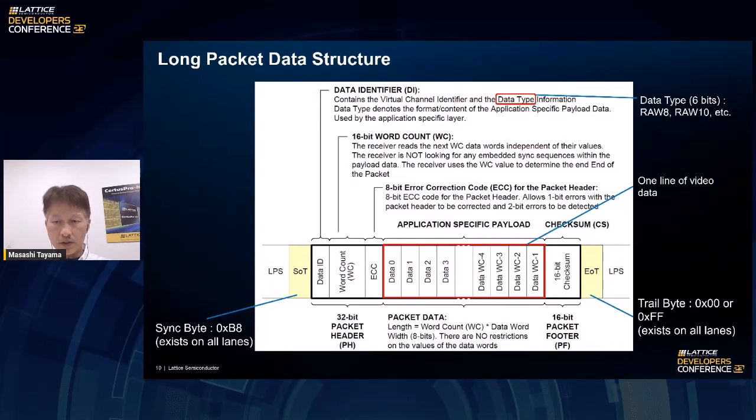Data type information indicates what kind of image data we transmit, like RAW8, RAW10, and so on. 2-byte CRC data is appended after the payload data as a checksum. This is called packet footer. Sync byte and trail byte exist the same as short packet.